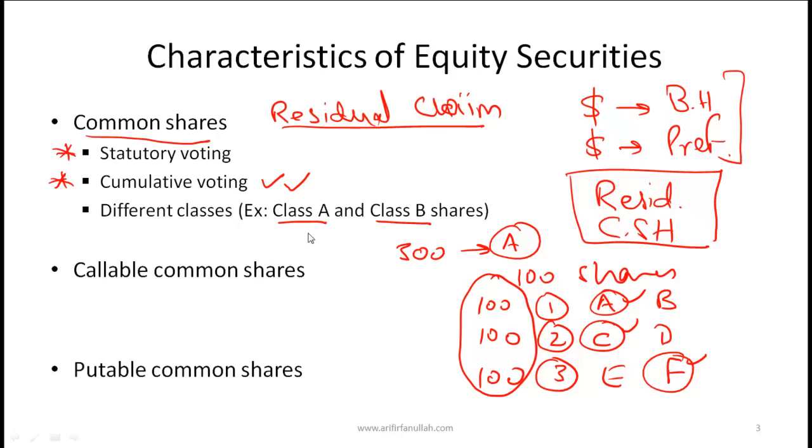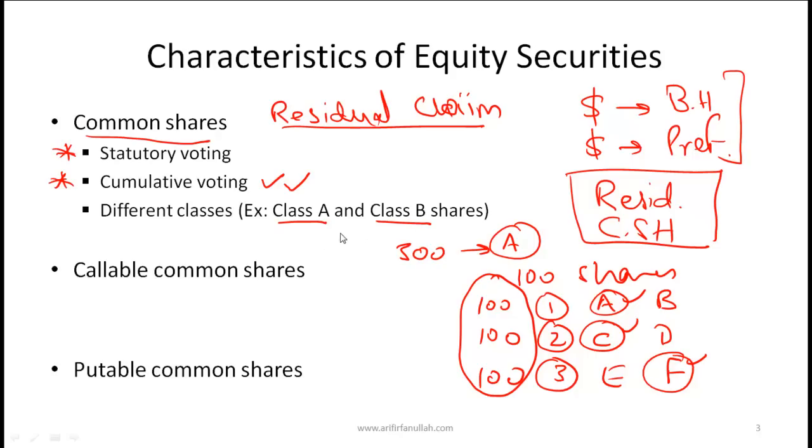For example, Class A shares might have more voting rights than Class B shares, or the rules around dividends might be different. There are no hard and fast rules about exactly what needs to be associated with each class of shares, but you simply need to understand that companies can issue different class shares and there are slightly different rules.